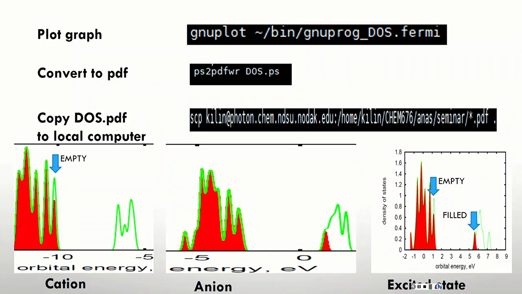And in the excited state there is again some empty space in the valence band, and it's been occupied in the conduction band. Since it's a semiconductor, there is a gap between the valence and conduction band. I assume if it's a metal, it might be overlapping, and if it's an insulator, there will be no band. Thereby I'm concluding my talk.